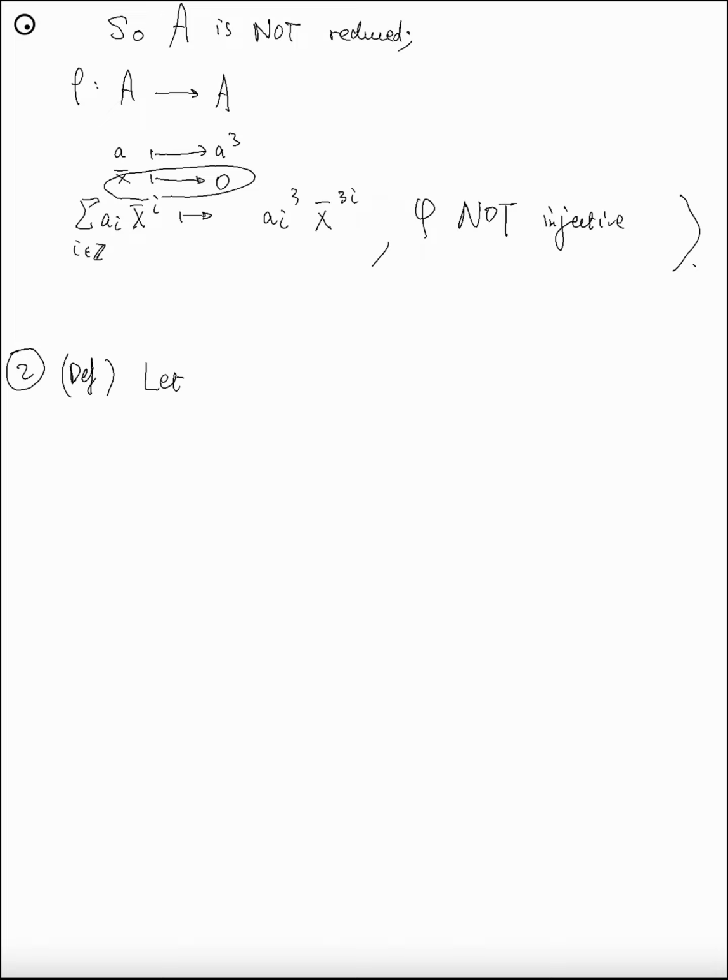Let A be a commutative ring with unity. Suppose the characteristic is again p prime, and we are going to define R of A to be the inverse limit.